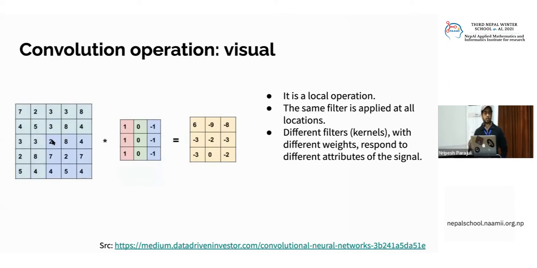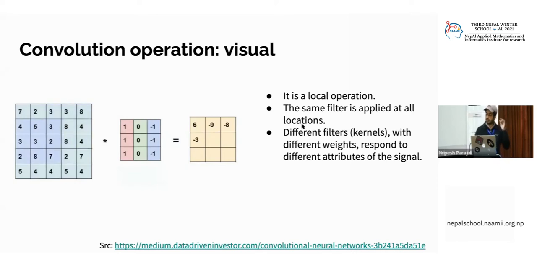That's why we say convolutions are local or sparse operators, and the connections are sparse. If this was a dense connection, this output would have been connected to all the inputs. But because of the way we do convolution, this output 6 is only connected to the 3 by 3 segment on the top left. Does that make sense?